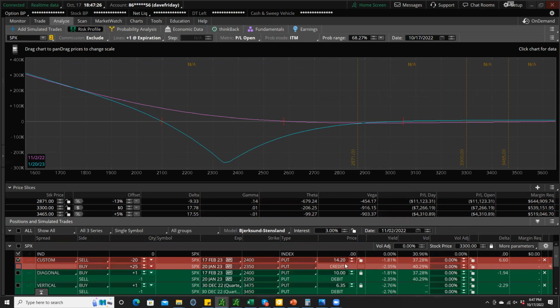Well, we sold these puts for $10. In many, many cases, by the time we get out to this point in time, we've already seen some bleed off on the value of these. In some cases, they've gone up in value, and that can happen.